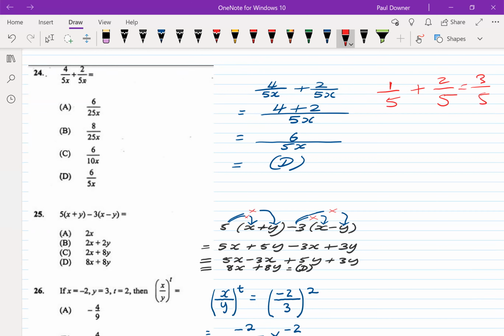It's a reminder for you: once the denominators are the same and you're adding or subtracting, you only have to deal with the numerators and you keep the denominator the same. So the 5 will be the same, and you add the 1 and the 2 and you get 3. So 1/5 and 2/5 is 3/5.